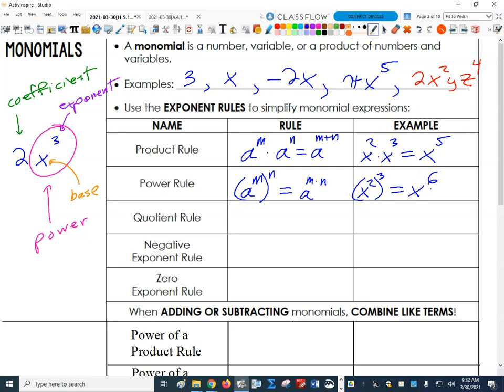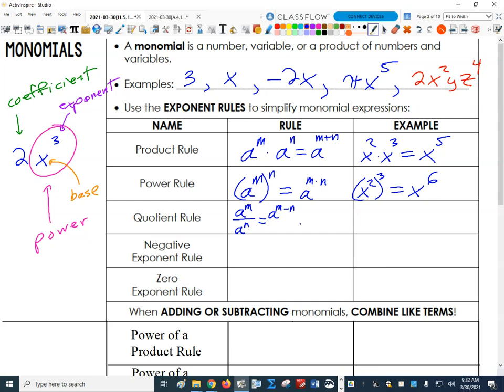Quotient rule. If I have a to the m divided by a to the n, so if I divide like bases, what do I do? You subtract. So I get a to the m minus n, but I'll throw you a little curve on this one.